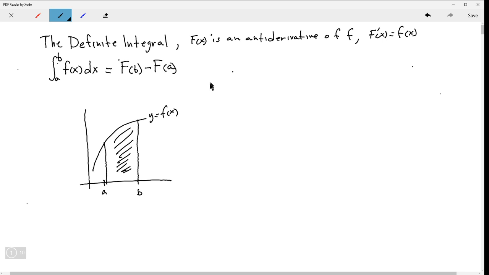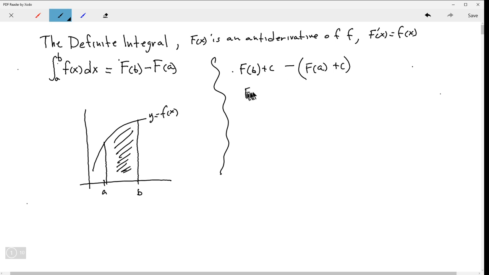Now you may be wondering, where did my plus c's go? Because I get a plus c every time I do an antiderivative. Well, what happens is the plus c's cancel out. So if I do F of b plus c minus F of a plus c, notice what happens here.